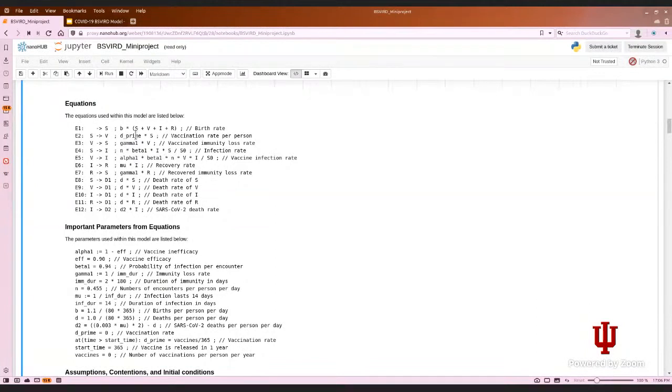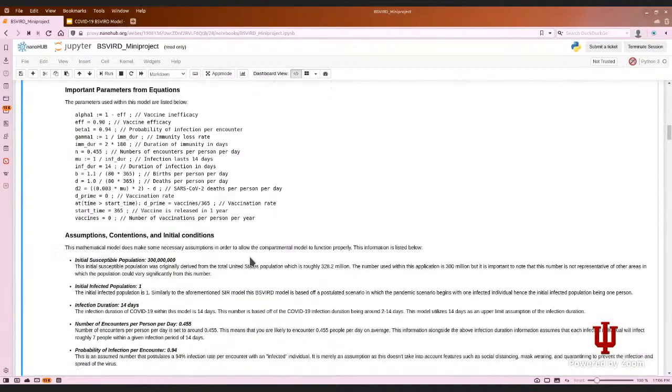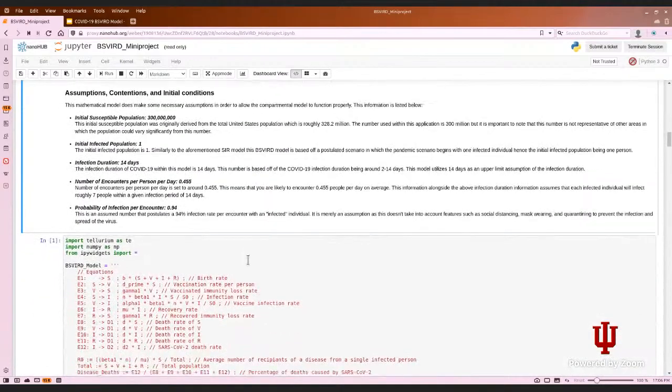But this time we have death, and it's important in this model because, for one, if you die from the virus, you're not becoming susceptible again and reinfecting people, and also you can measure the deaths in the figures that we're going to look at.